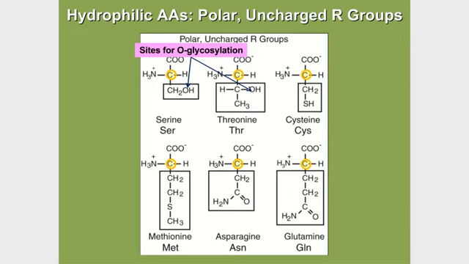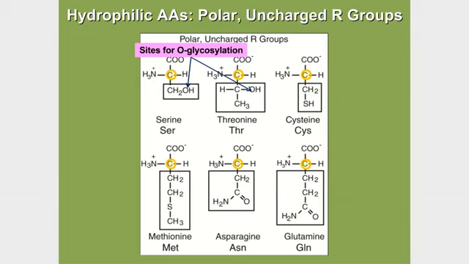And if you were asked what's an example of a protein in the human body that undergoes O-glycosylation, there are many proteins that undergo O-glycosylation. For example, collagen. For example, proteoglycans, chondroitin sulfate, hyaluronic acid, heparin undergo O-glycosylation.